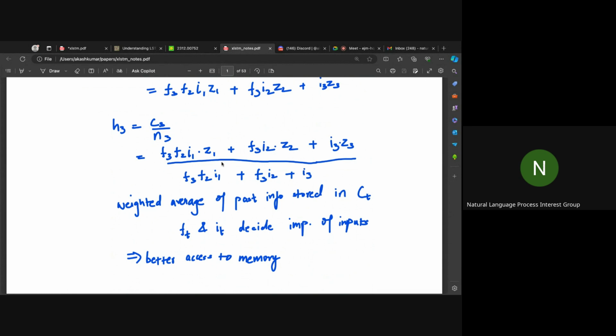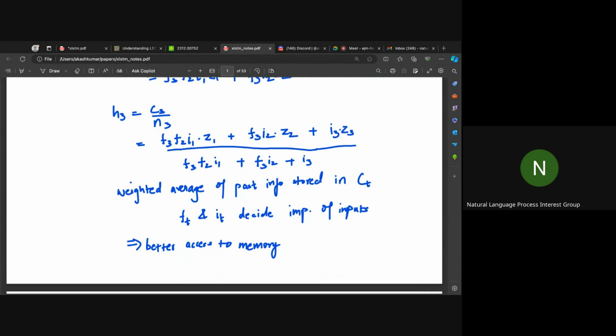So what is happening here is that at each new time step, the hidden state, that is the output that we get from the new proposed LSTM architecture, is like the weighted average value of all the values that are saved in the cell state.